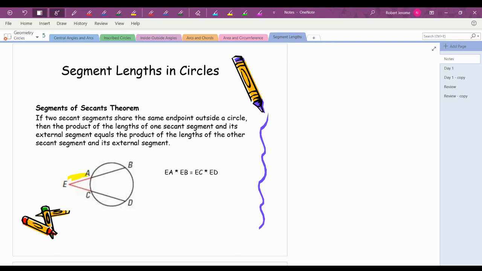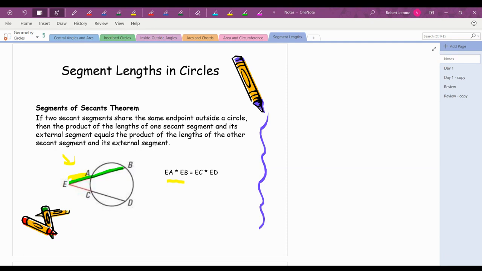Notice our formula. We're going to take the part on the outside, and then we're going to multiply it by the whole thing, EB. So if we had 5 on the outside, 10 on the inside, it would be 5 times 15.